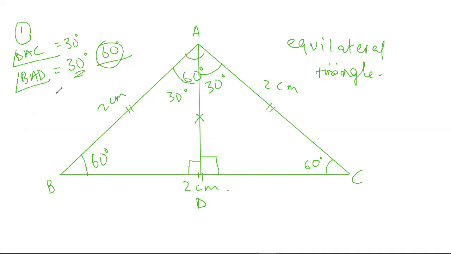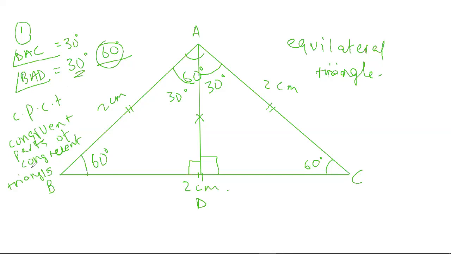What CPCT means, and you must have learnt it in congruency, is congruent parts of congruent triangles.